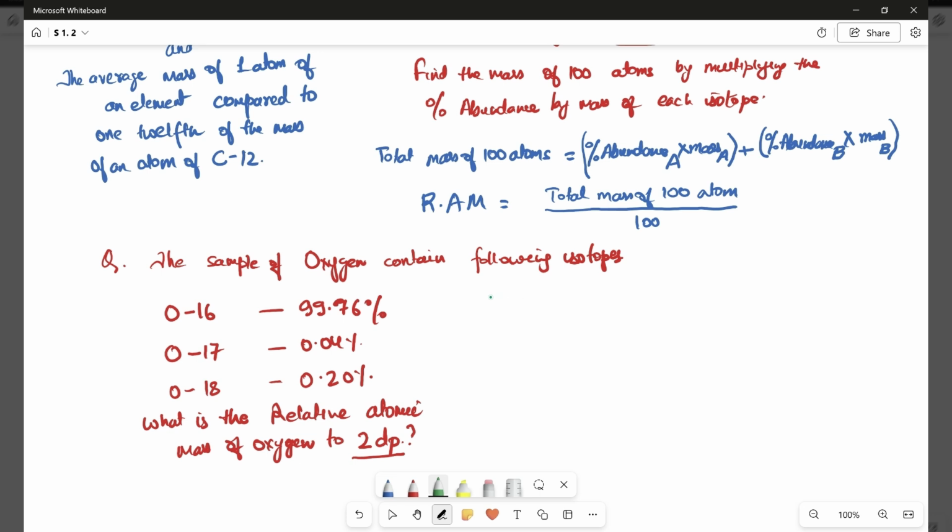Let's calculate the total mass of 100 atoms. As we know, percentage abundance of the first isotope is 99.76, and mass is 16, plus second is 0.04 into 17, plus 0.20 into 18.